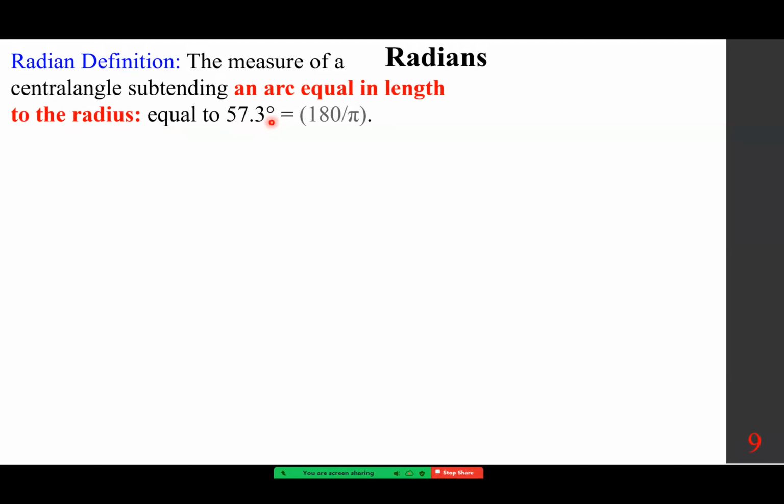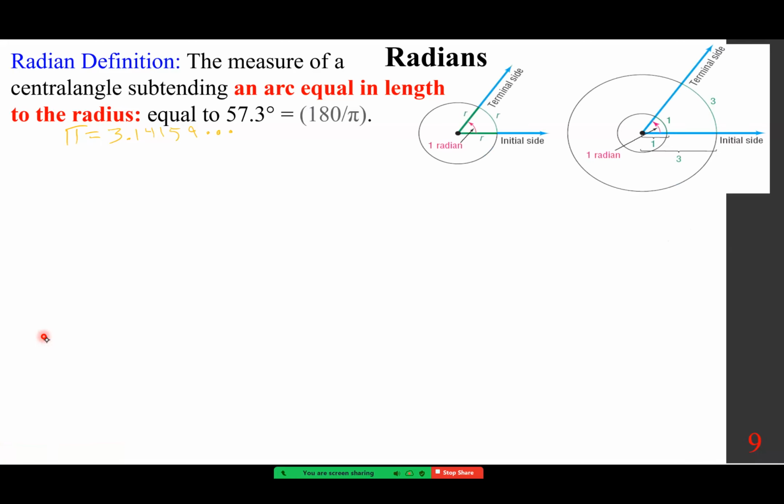And remember, pi, everybody, is not 3.14, it's 3.14159. Let me write that. Continues indefinitely. So that's an irrational number. So pi equals 3.14159, and it continues indefinitely. So when we say 3.14, it's an approximation. You want to pay attention to that.